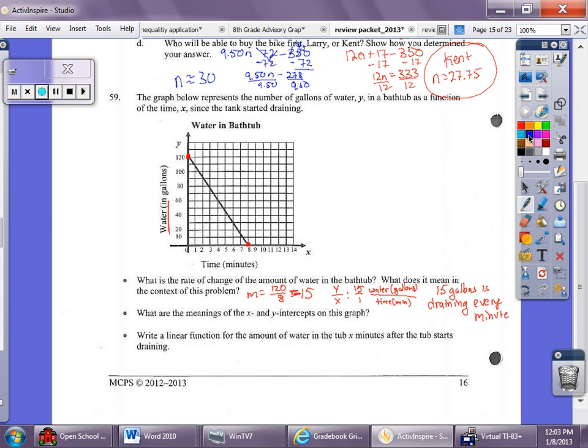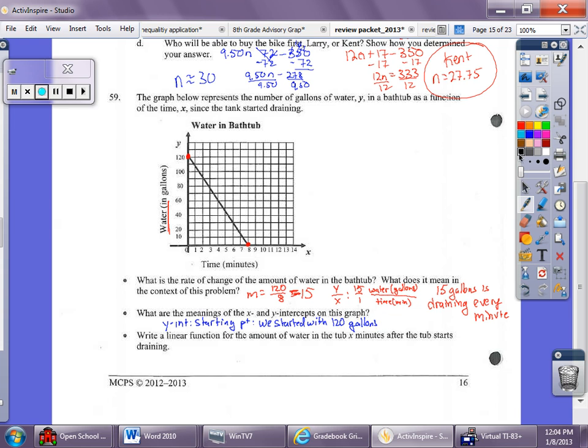And then the next part, what are the meanings of the x and y intercepts of the graph? Well, the y-intercept is always the starting point. So we started with 120 gallons.